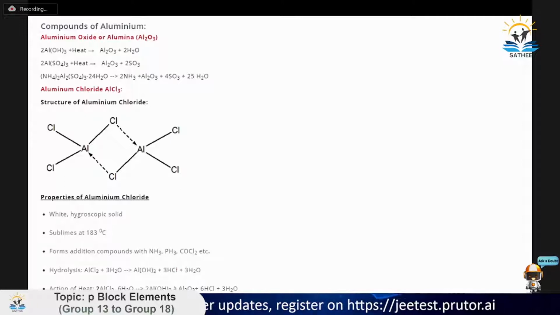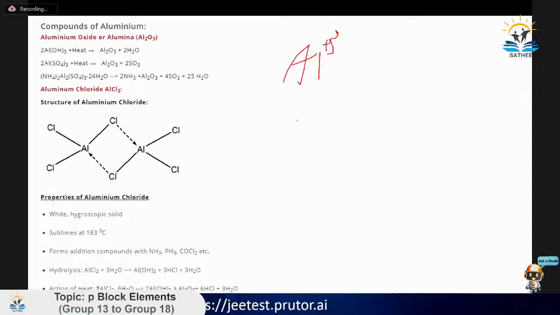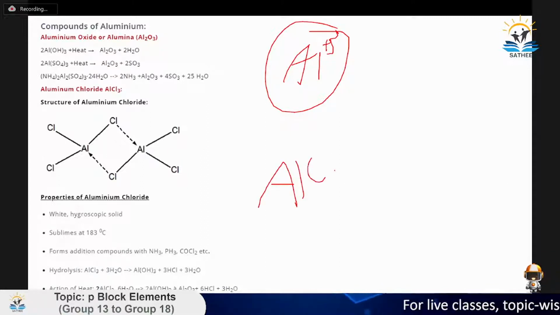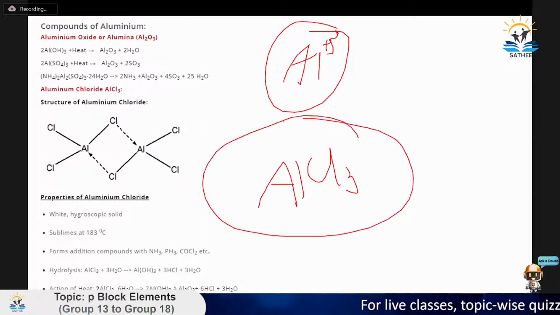Similarly, we have aluminium, and generally the common property is that it exhibits a +3 oxidation state, and that is the most important thing. First we'll talk about AlCl3. This is the structure of AlCl3. Now we have seen when we learned organic that AlCl3 is electrophilic. That means it has a shortage of electrons, right?